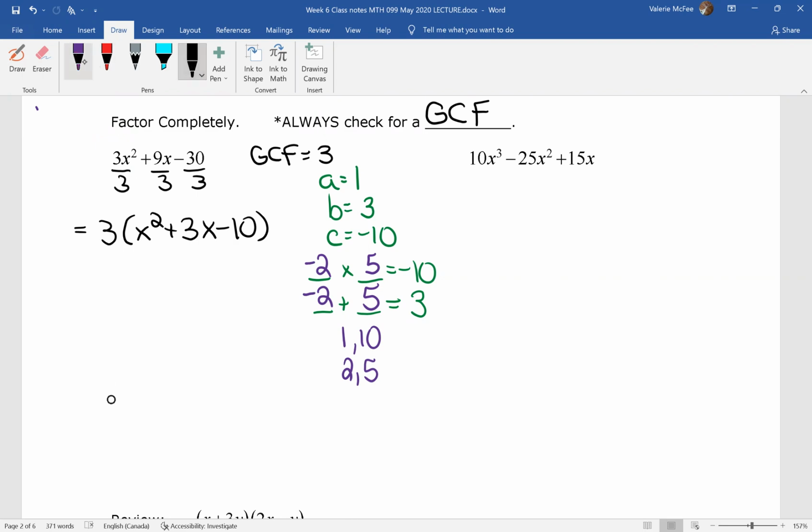So we're going to write that middle term using our numbers. Make sure you remember your x there. We see in the first group that x is common. We see in the second group that 5 is common.